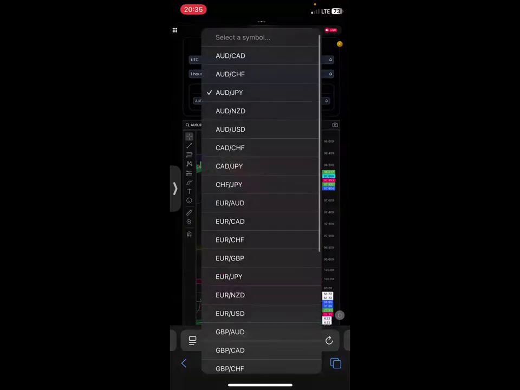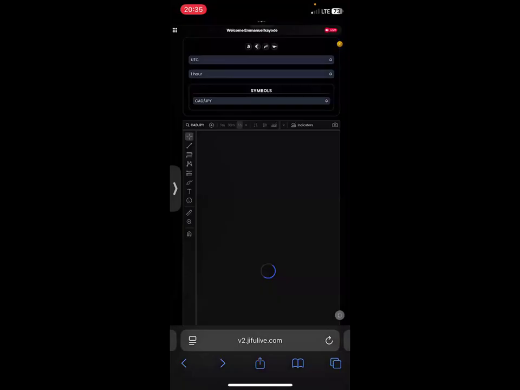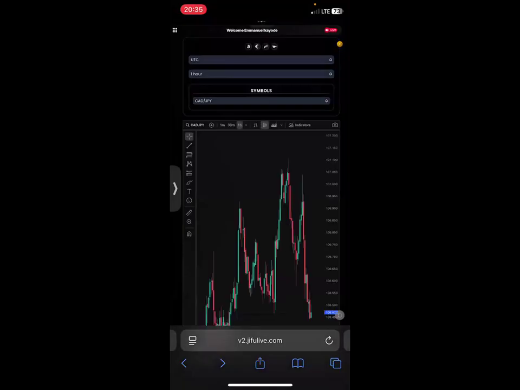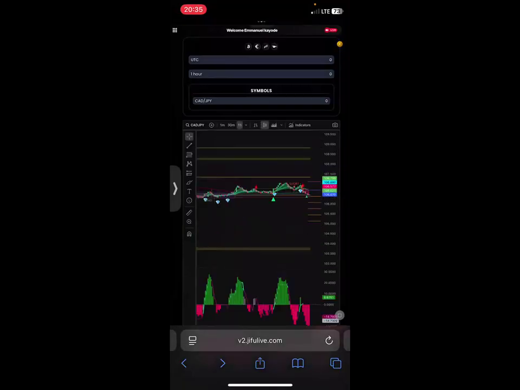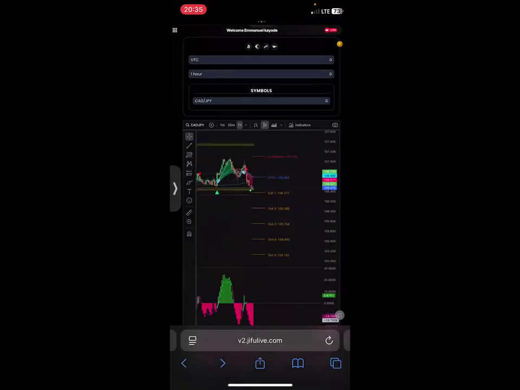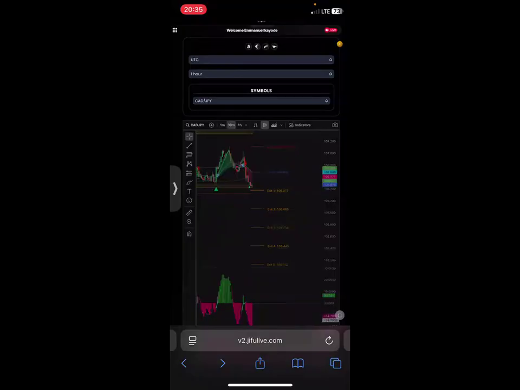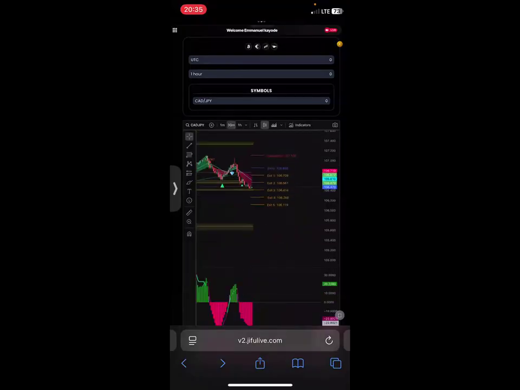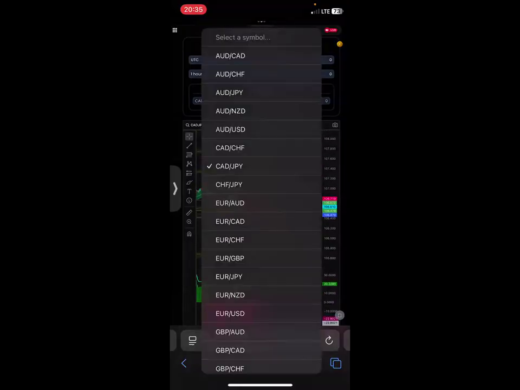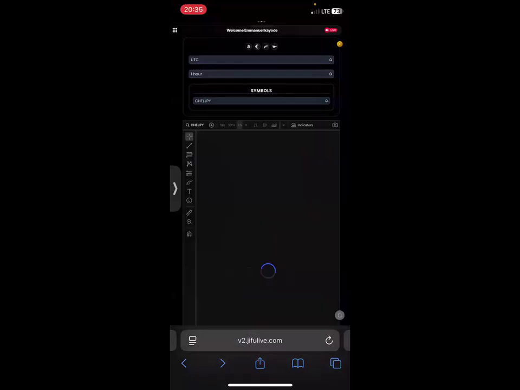Let's check another one. Maybe we can see another one that is at the entry currently. Oh, okay. This is CAD JPY. That has also left the entry. Wow. Okay. Let's check CHF JPY.